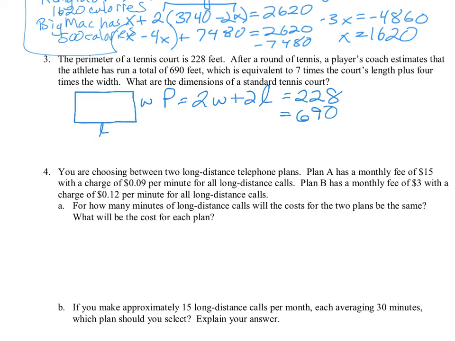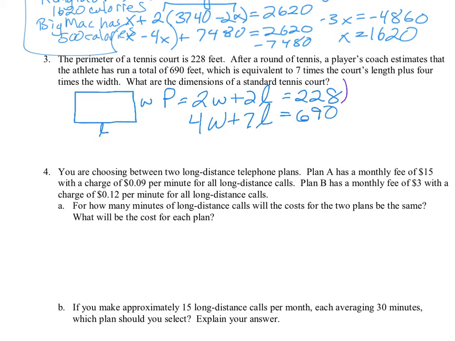Okay. Now, that is 7 times the length plus 4 times the width. What are the dimensions of a standard tennis court? So we have 2 equations and 2 variables, W and L. All right, so we learned elimination.